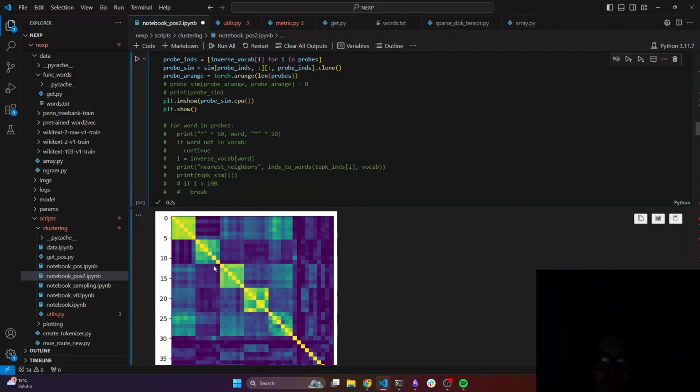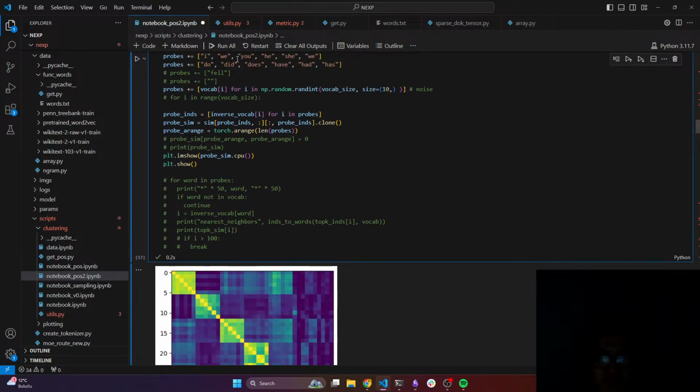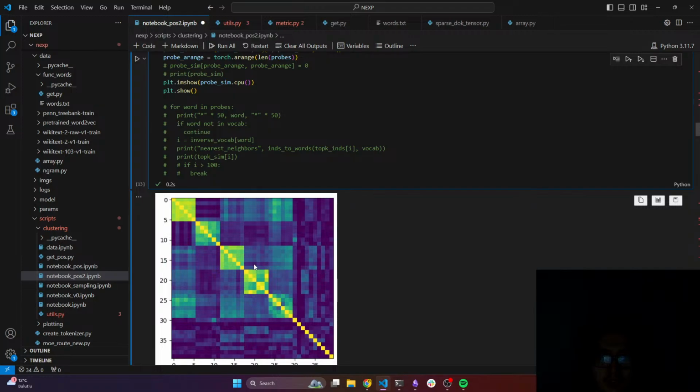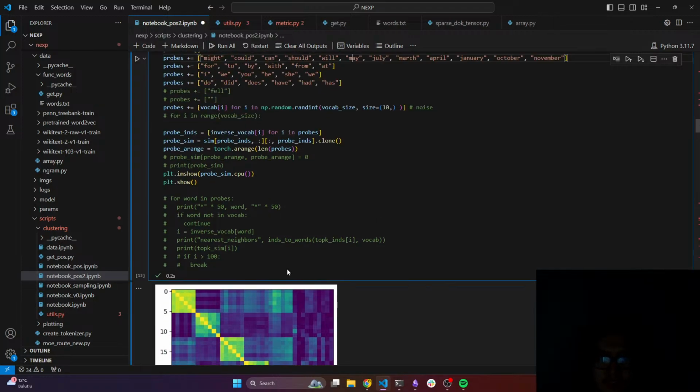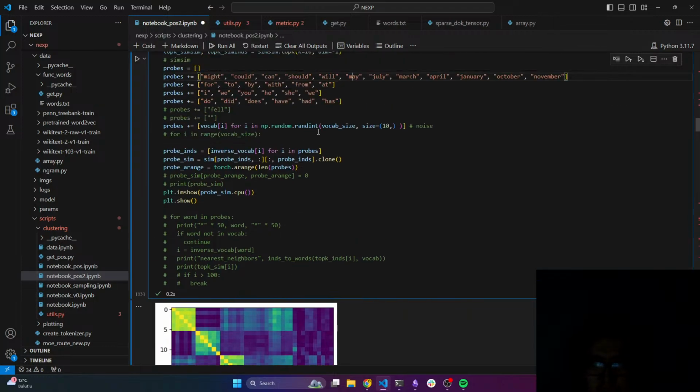And then this block, you can see it's all of these prepositions. This block is all of these pronouns, and this block is these verbs: do, did, does, have, had, has. They are not super clear clusters, and these words also have pretty high similarity to the first, which is the modal verbs, and the prepositions.